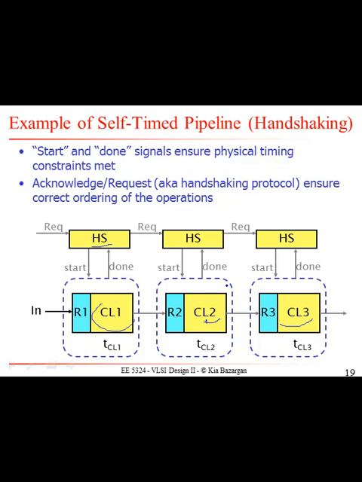right? And that's not enough. You have to have some coordination between these handshaking stages. Each handshaking unit is going to send a request for computation. It would say, my combinational logic has done its job. It has data ready for you to be processed.